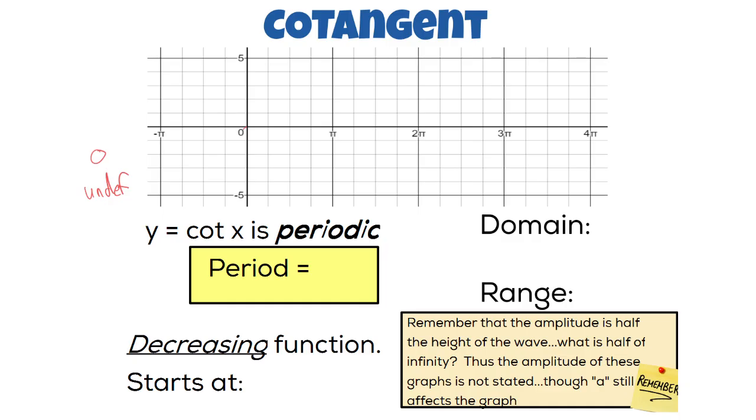Tangent had an x-intercept right here at 0. That means I'm going to put an asymptote there. And the period is still going to be pi units, which means I'm going to put an asymptote every pi units. Where tangent was undefined at the pi over 2 mark, that's going to be an x-intercept now. And that's going to be the case for all of these.